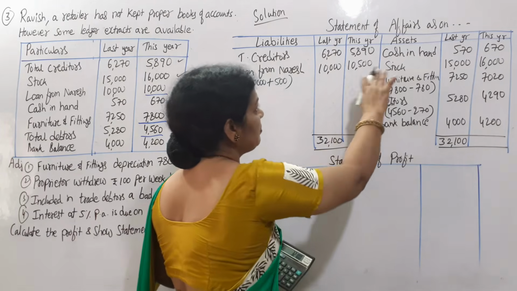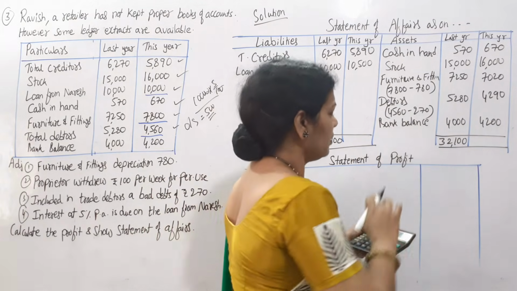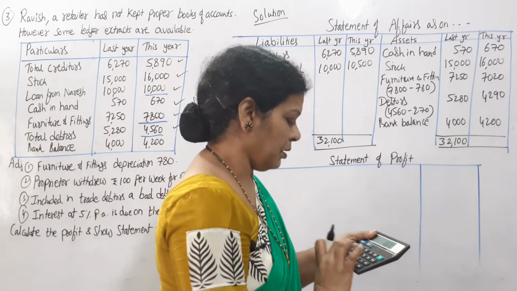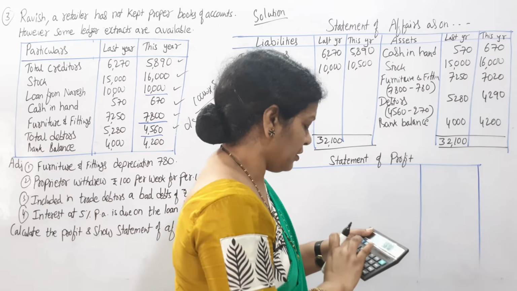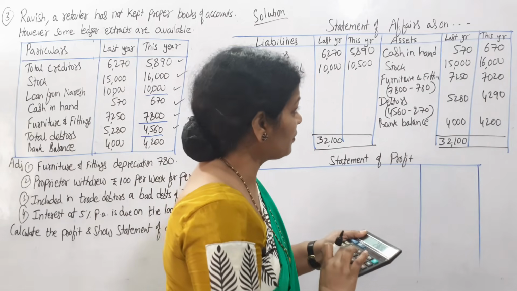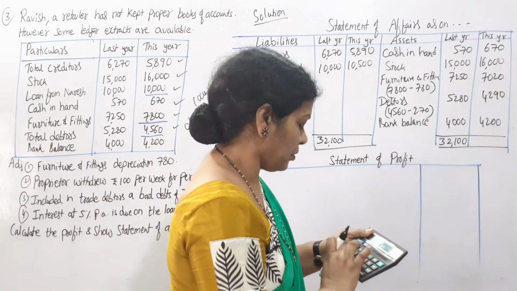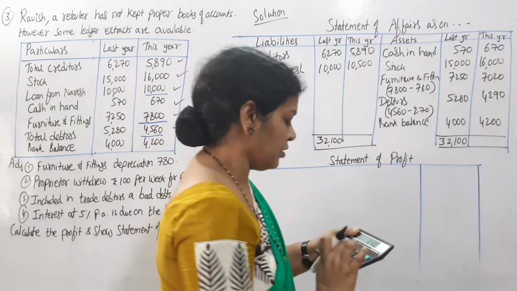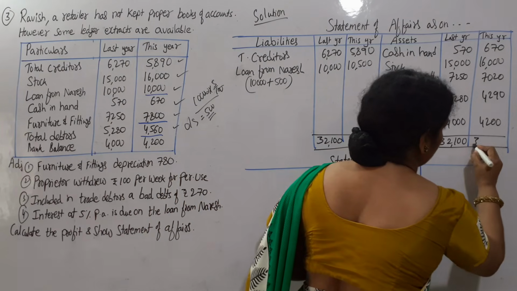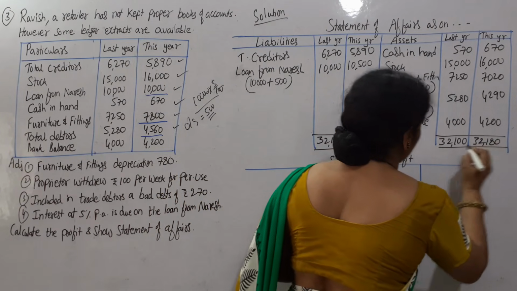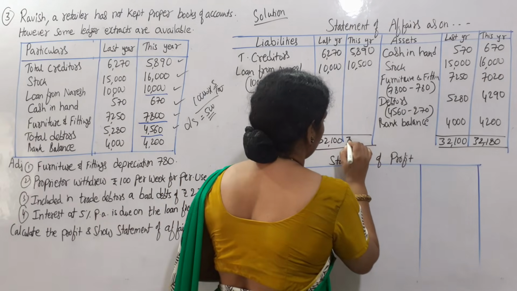In the same way, this year also the total will be 16,670 plus 7,020 plus 4,290 plus 4,200. It is 32,180.